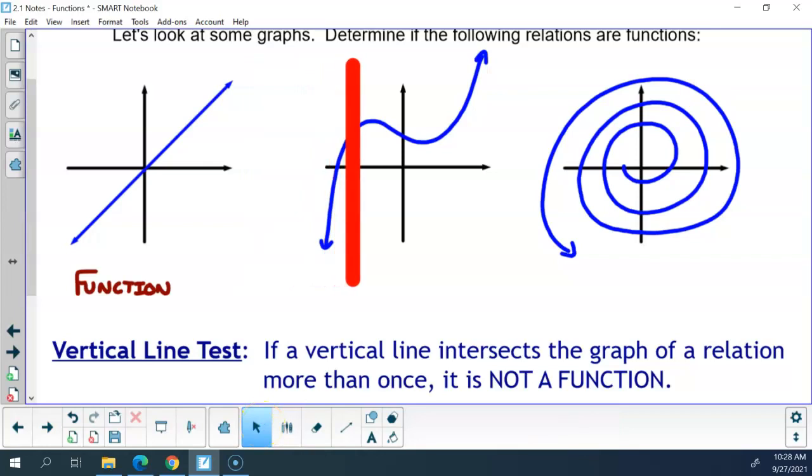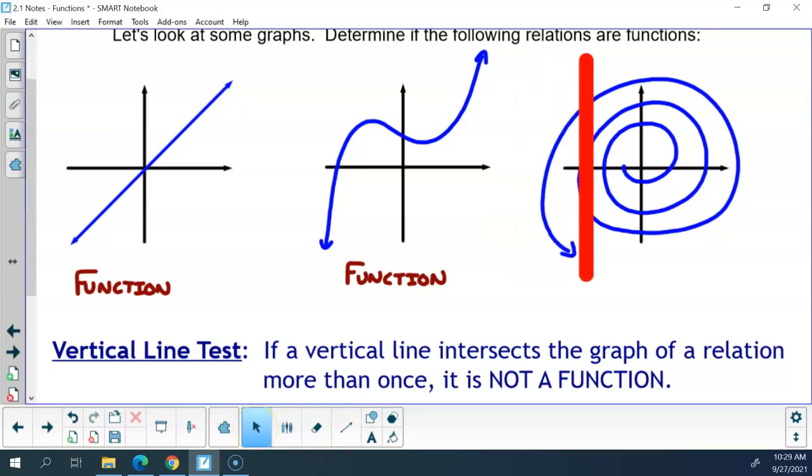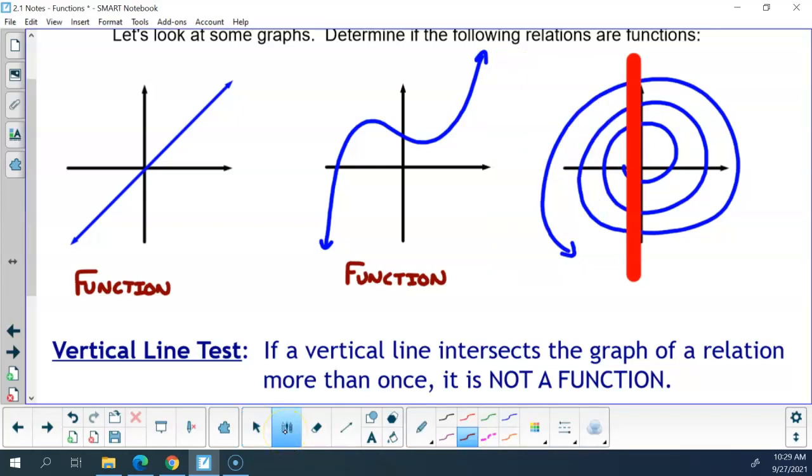Only ever touching once, function. But then, Bugsy, you were telling me no go, right? Like 4 or 5 times? Because it's going right there, right there, right there, and right there. Yeah, 6 times. So, not a function.